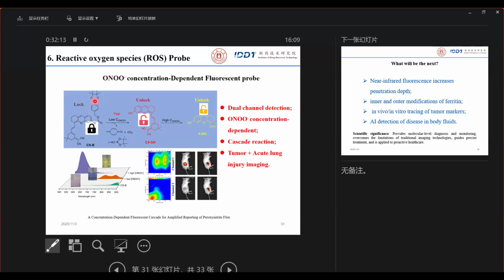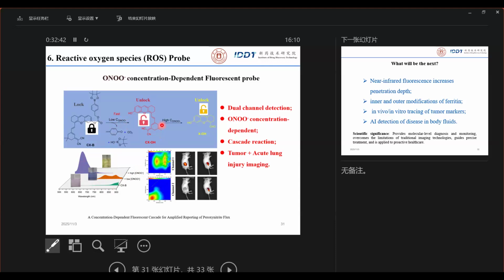So it's fluorescence off. But under low ROS conditions, it releases this part to emit near-infrared fluorescence. So here there's no fluorescence, and in low concentration of ROS, it releases this part to emit red fluorescence.